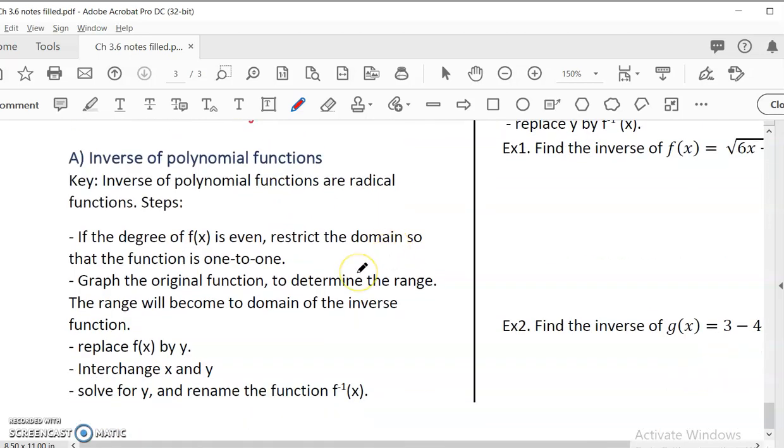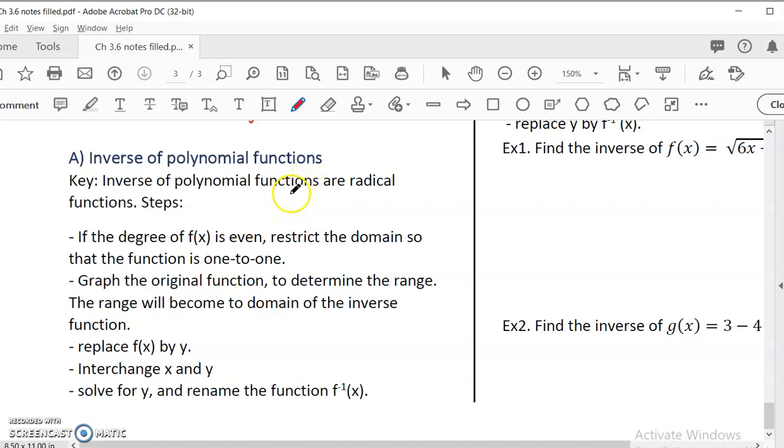For the rest of the time we will find inverses of polynomial functions like x cubed, x squared, those. So what are the steps? In order to have an inverse, the polynomial function needs to be one-to-one.